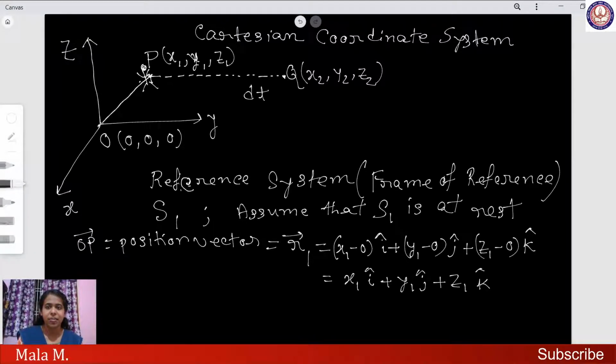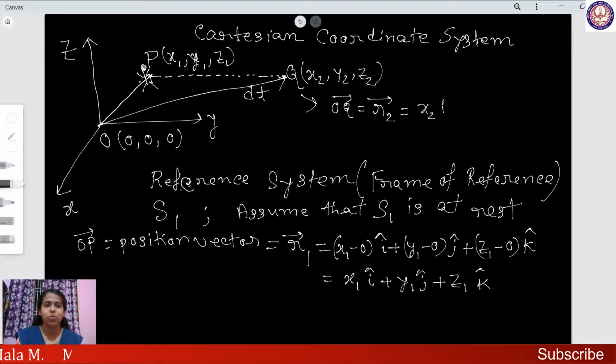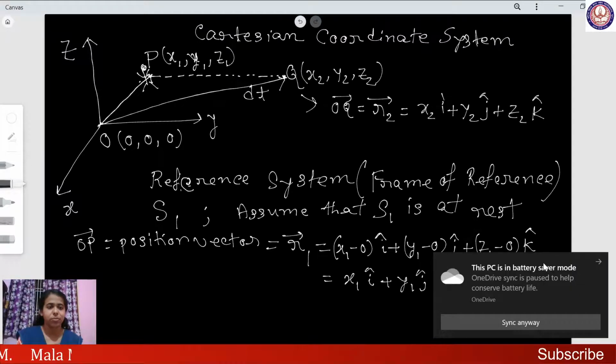Similarly we can define the position vector of this point Q. We can write OQ as r2, since this is point 2. Similarly, it will be x2 i plus y2 j plus z2 k.